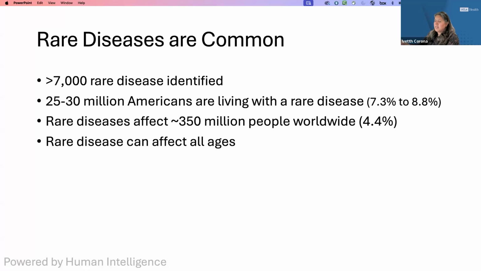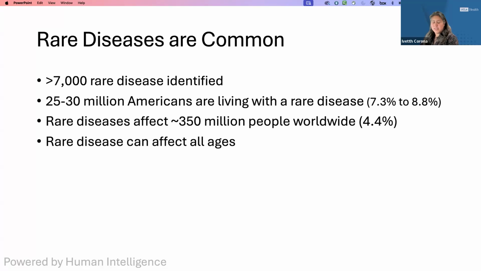I was just getting these percentages preparing for the presentation, and I think the difference in percentages that you see here might be due precisely to the diagnosis of rare diseases. Also, rare diseases can affect all ages. As you were seeing in the slides from Emily, we do have pediatric cases and other cases that are adult onset.